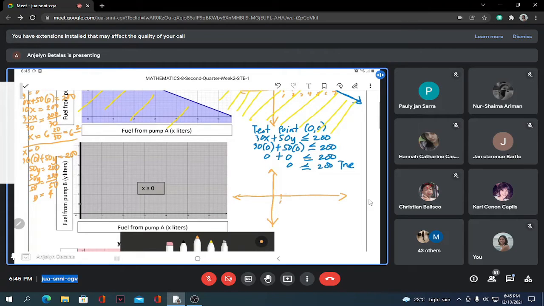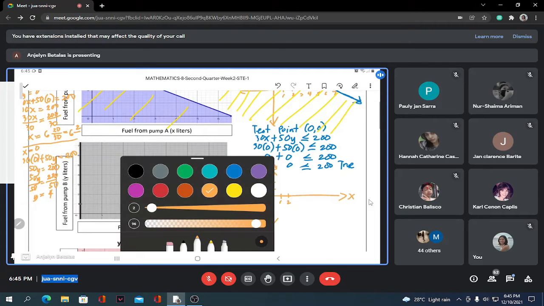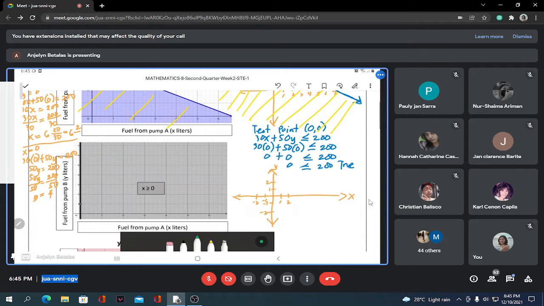So 1, 2, negative 1, negative 2. We all know nga ang 0 nas tunga-tunga, no? So sa X ka, nanay sa kaning horizontal line imo i-consider. So X is greater than 0, so ma-consider ni mo ning kini nga line.